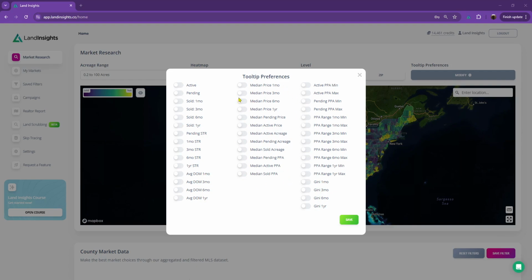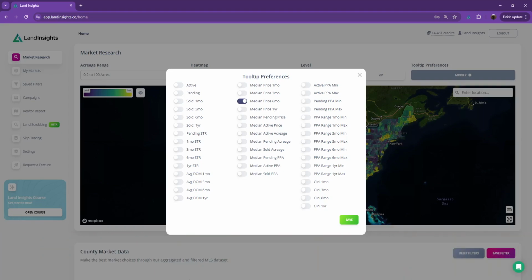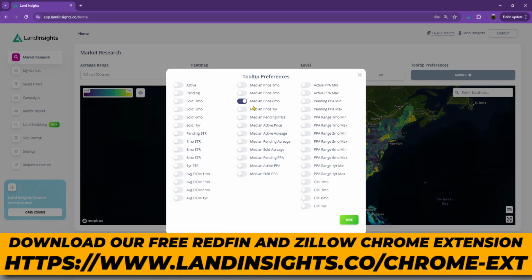So if I were to look for the median price from 0.2 to 100 acres, the chances are it's not going to have a real representation of that market. It's also not going to really give me any useful information other than maybe a soft check to make sure, hey, this market has properties that are generally middle market. If it's sitting too low, with price data or it's sitting too high, we'll run into some other issues.